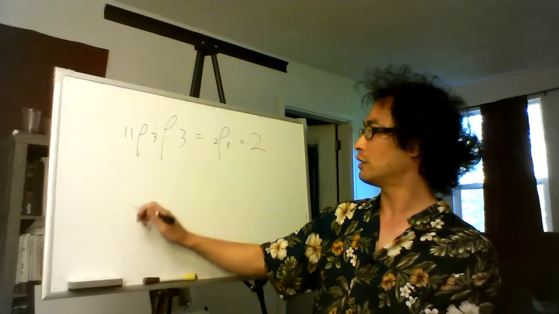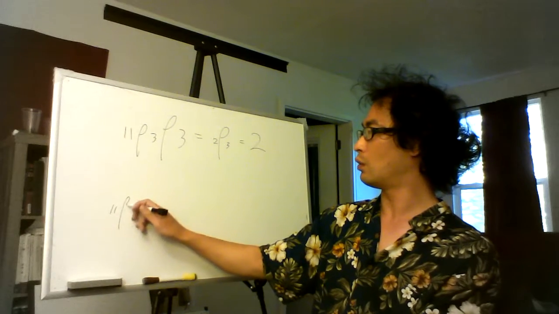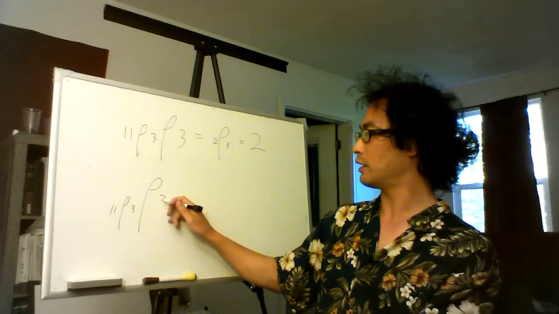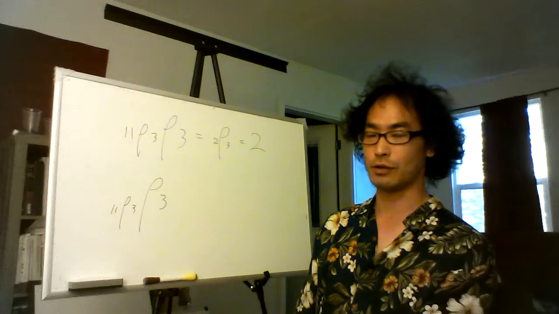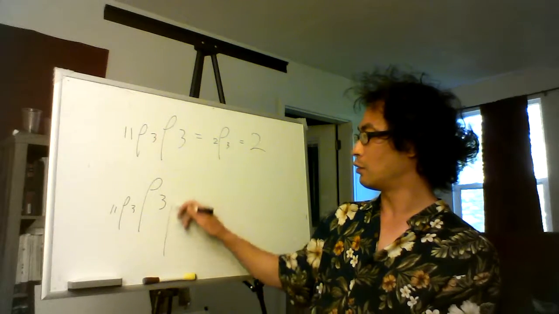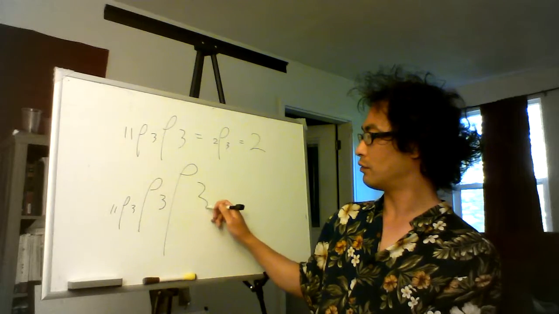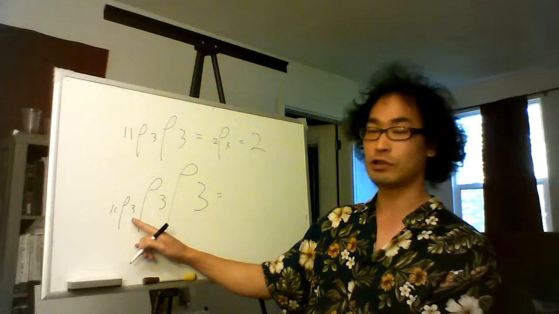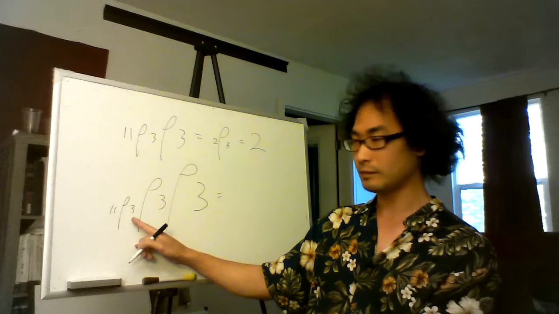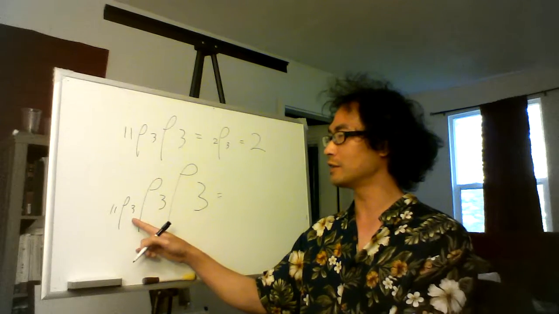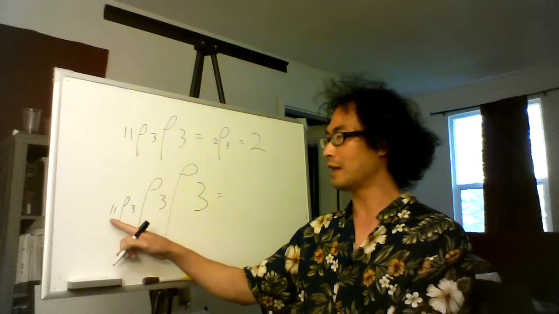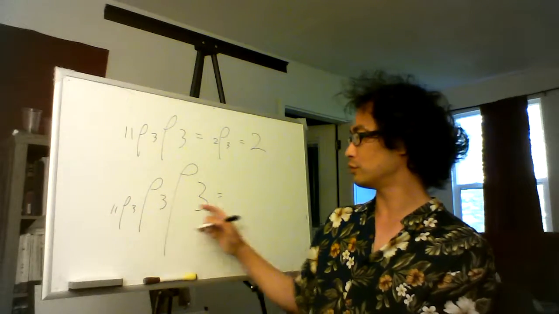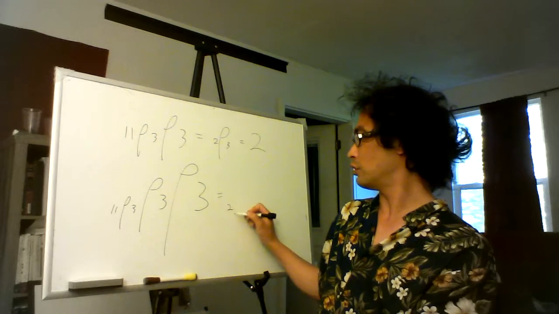How about 11 rho 3? I told you size matters, we have to align this correctly. Rho 3, what's that? 11 divided by 3, what's the remainder? What's the closest multiple of 3 that is less than or equal to 11? 9, so the remainder is 2.